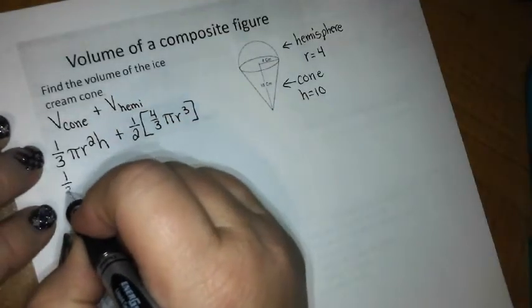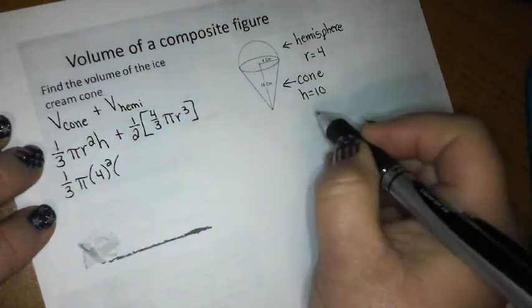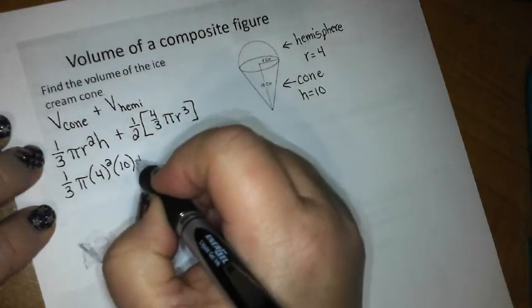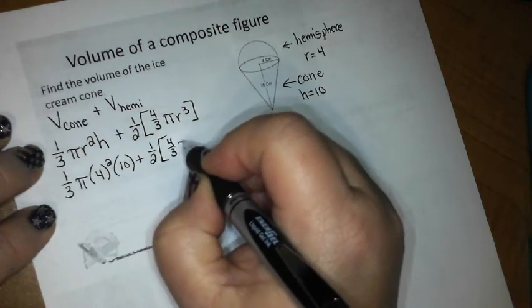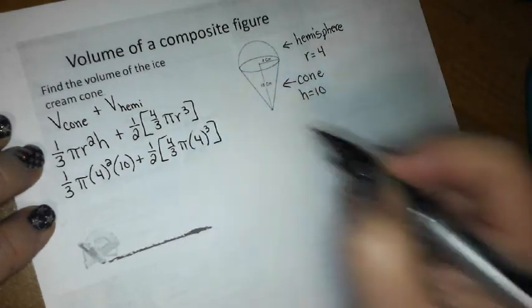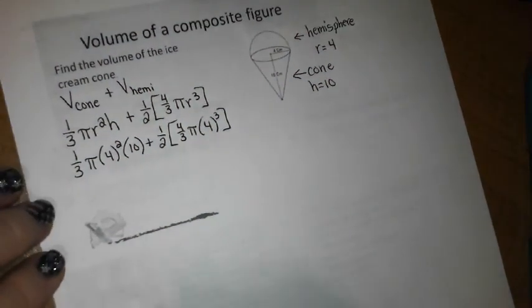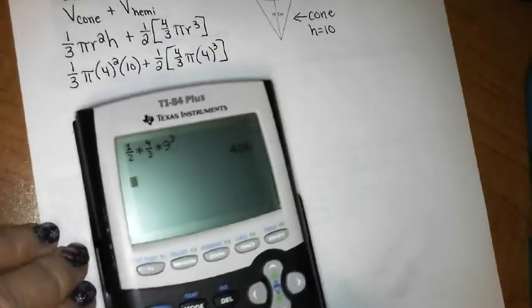So here's 1/3 times pi 4 squared times 10 plus 1/2 times 4/3 pi and then 4 to the 3rd power. So I've written all my numbers out. I just plug them into my calculator. So let's see what happens. Get it where we can see it all.